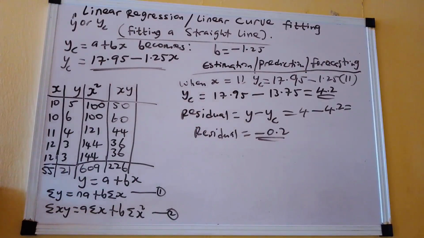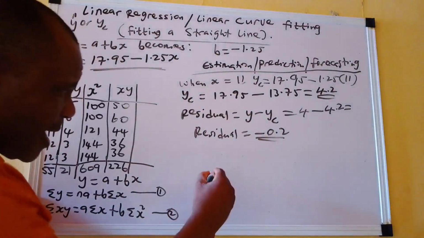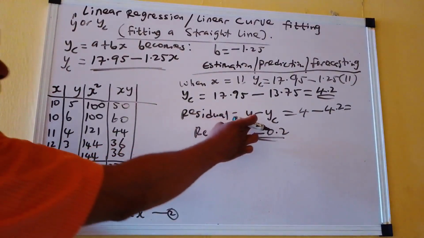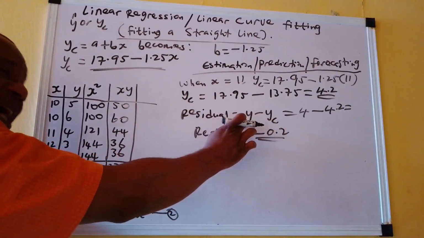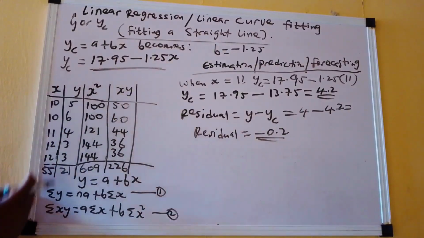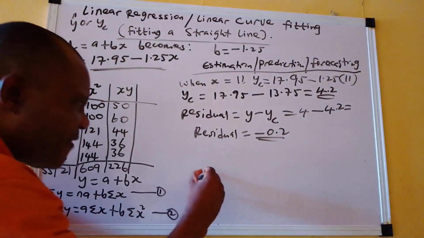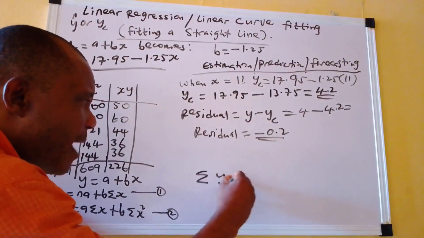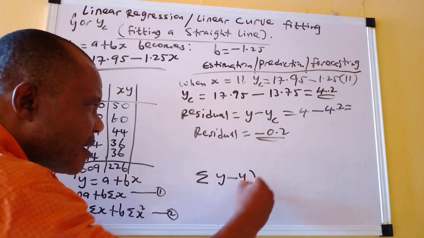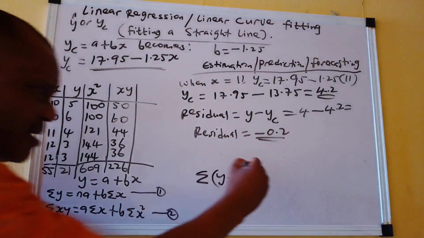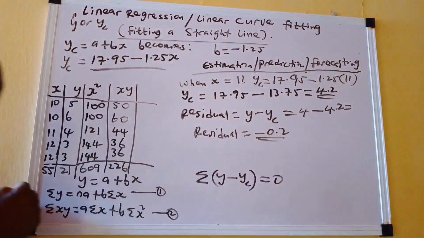Now there is what we call the sum of the residuals. The residual is y minus yc, that is the observed y from the data, the original y, minus the estimated y. The summation of y minus yc, some authors call it y hat, the estimated y, is equal to 0.